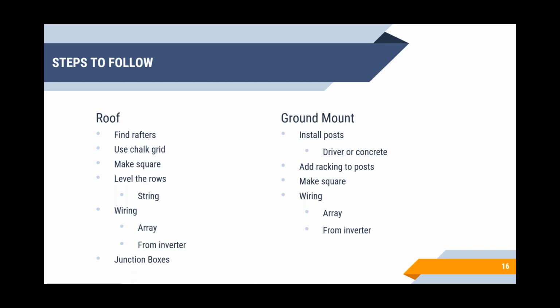And then from there, we'll go from that string inverter, which has a DC disconnect in it, we'll conduit to a post or wherever the entry point is, where that meter is, rather, on a building, and that's where our disconnect will go from there.